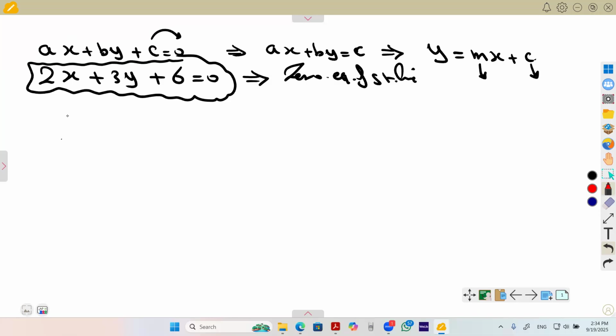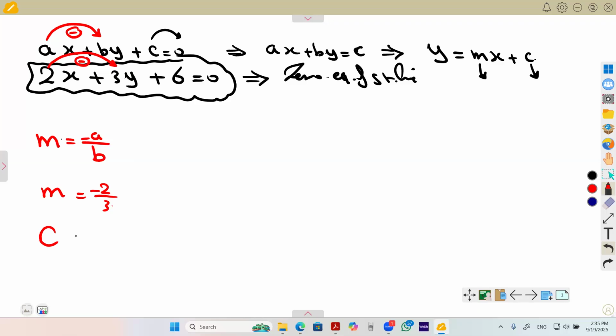Okay. To get the gradient from the form that is the zero equation, m is negative a over b. Negative a over b. This means that m here is what? Negative 2 over 3. But what about the y-intercept, the c?